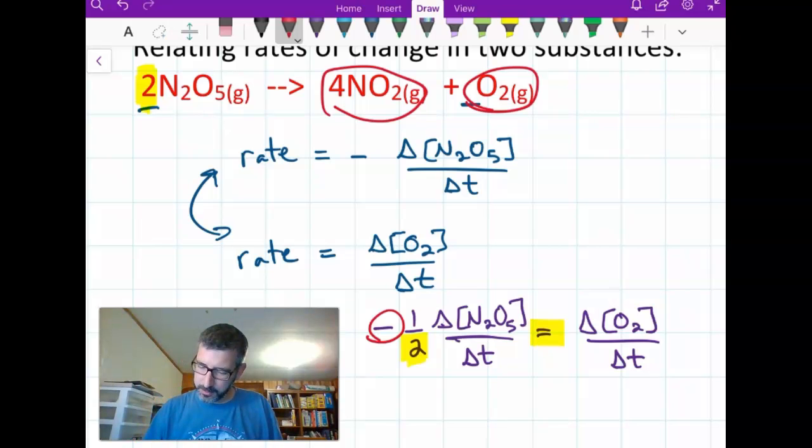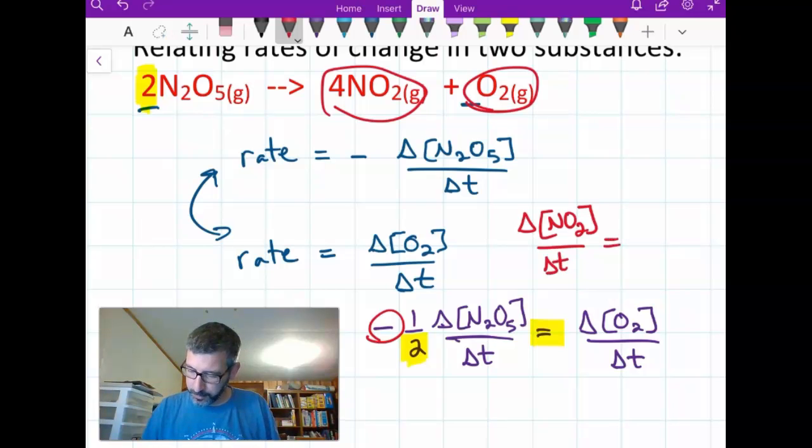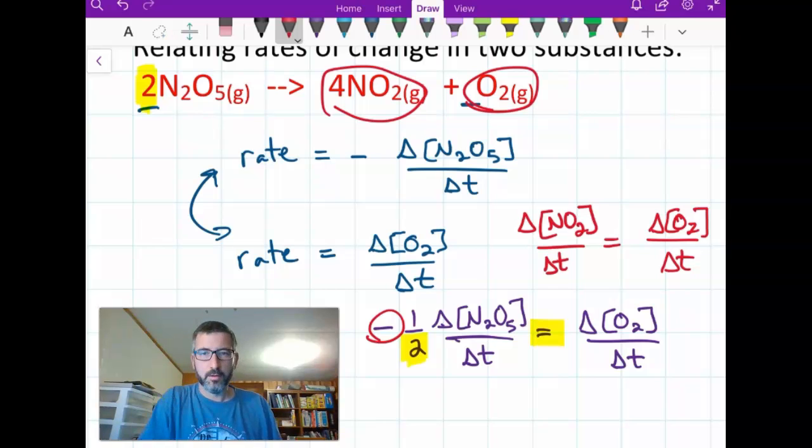So if I wanted to say the change in concentration of NO2 over time is equal to the change in concentration of O2 over time, I'm going to have to multiply one of them by a fraction, right? And what would that fraction be and where would it go?